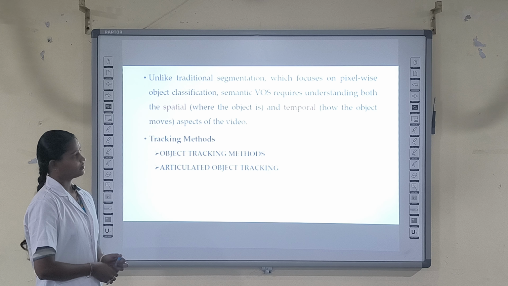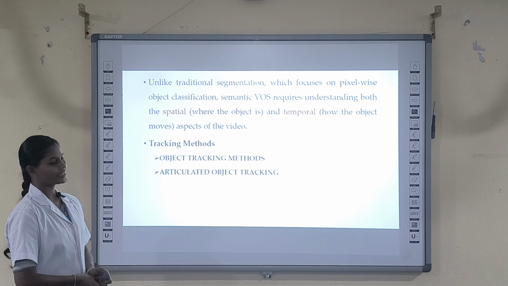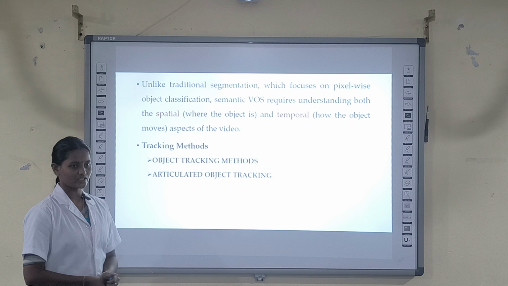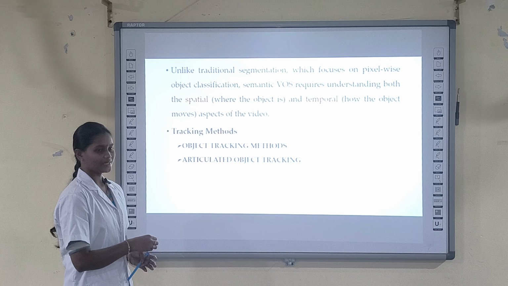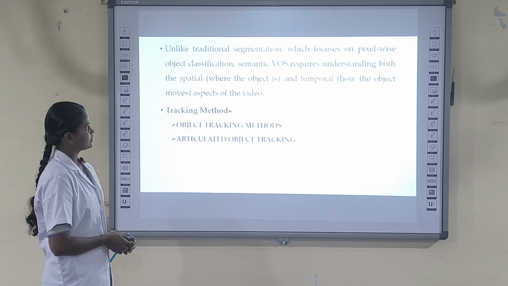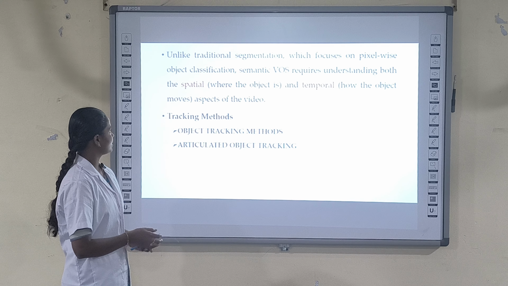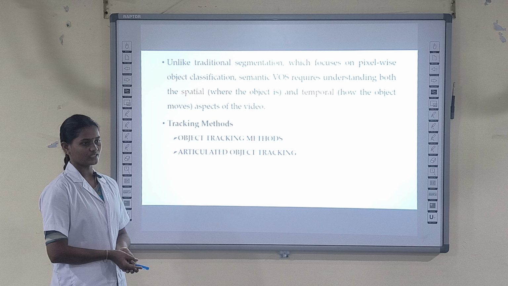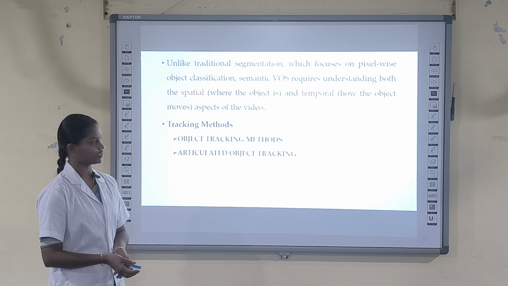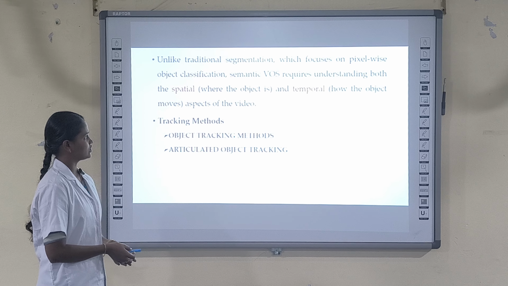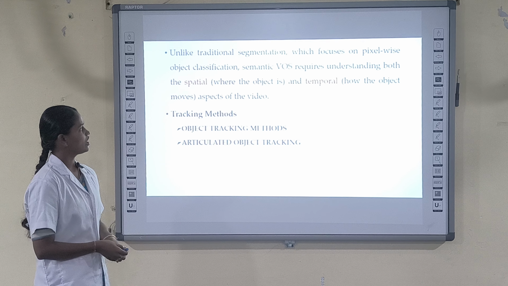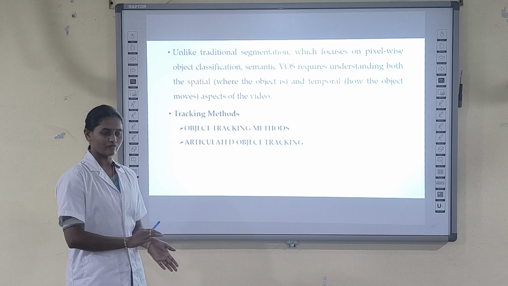In this technique we use pixel-wise object segmentation. That means we segment the objects by using pixel information, and it requires understanding both spatial and temporal information, which is called semantic information. Spatial means where the object is, and temporal information means how the objects move from one frame to another.